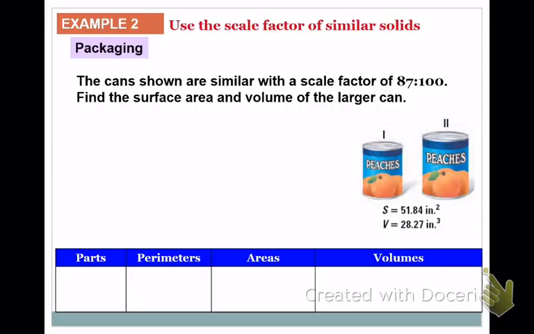Use a scale factor of similar solids. The cans shown are similar with a scale factor of 87 to 100. Find the surface area and volume of the larger can.